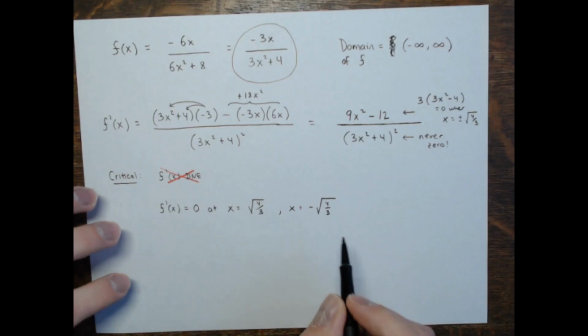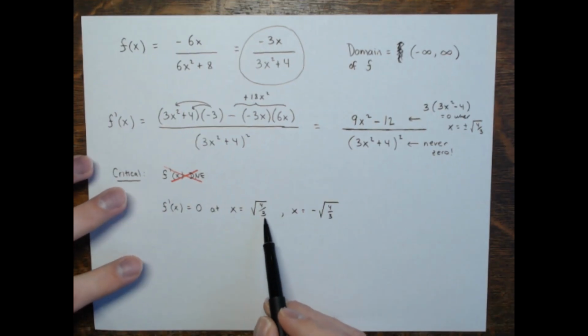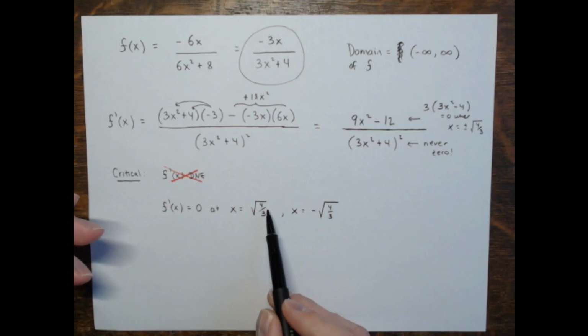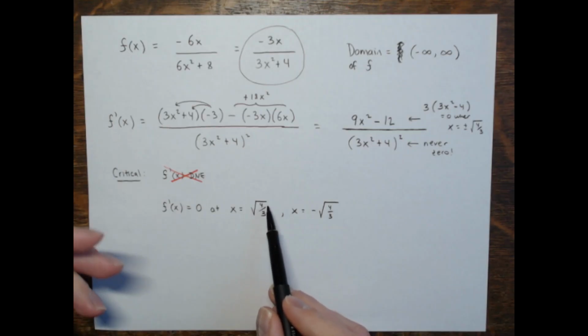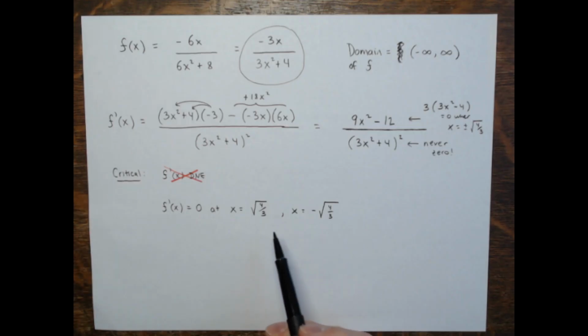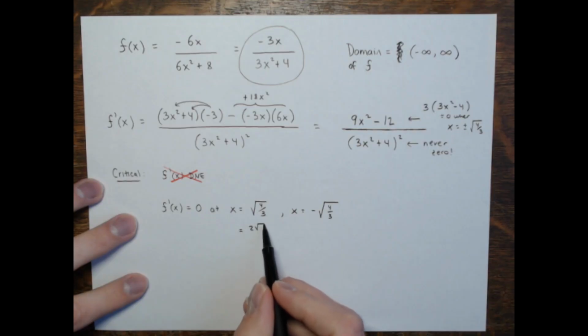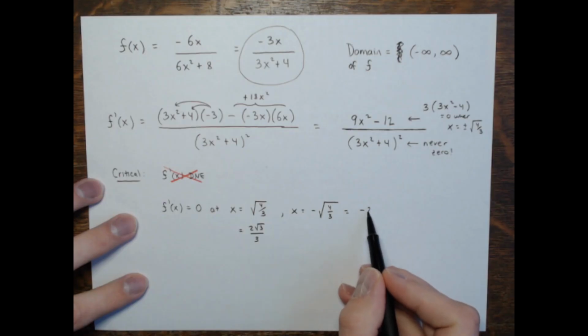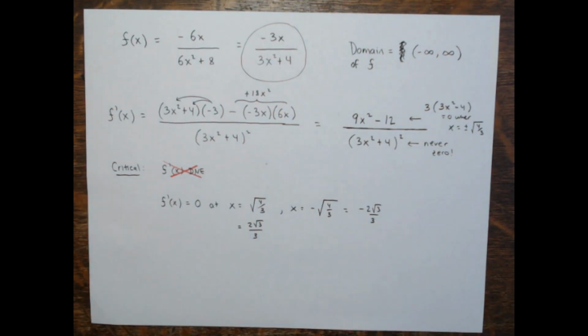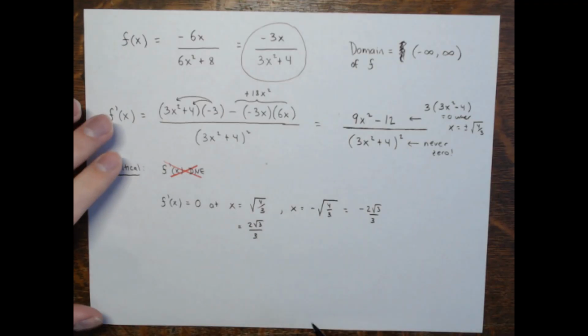Now you could simplify this, make this 2 root 3 over 3 if you want. If you totally rationalize the denominator, same thing with this would be negative 2 root 3 over 3. But I think it takes less typing to do square root of 4/3, negative square root of 4/3.